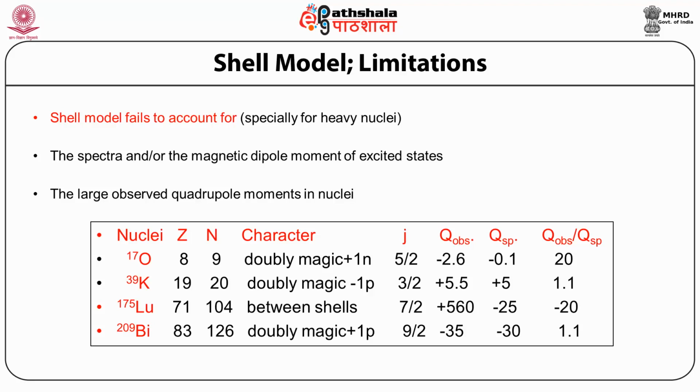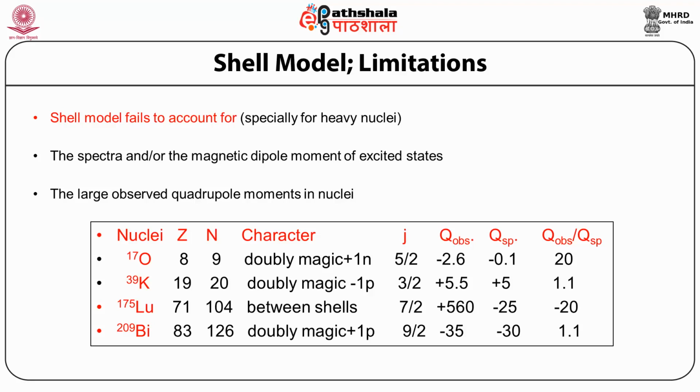If we compare these two, we find that the experimentally observed quadrupole moment is 20 times that of the predicted one. And not only the magnitude, but also the sign is not correctly predicted by the shell model, because experimentally a positive sign is obtained, whereas according to the shell model, the quadrupole moment has to be negative.